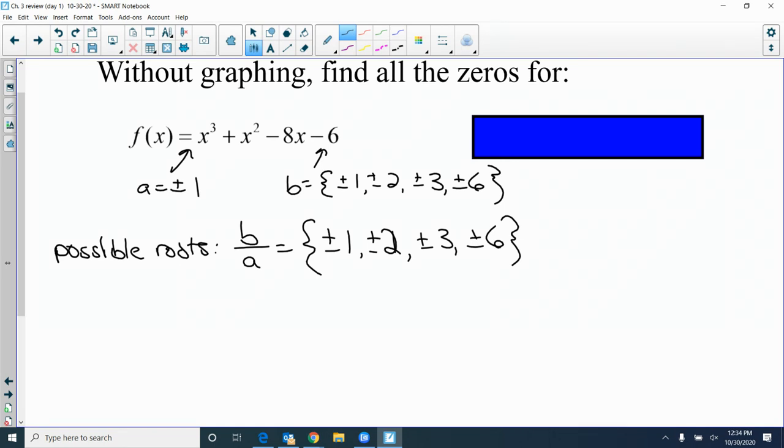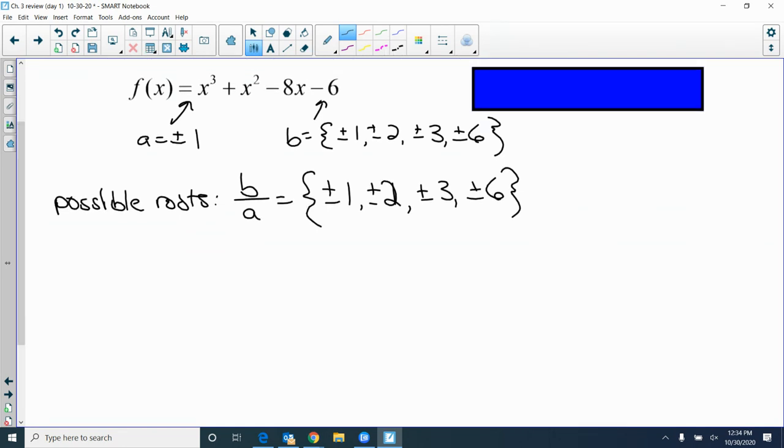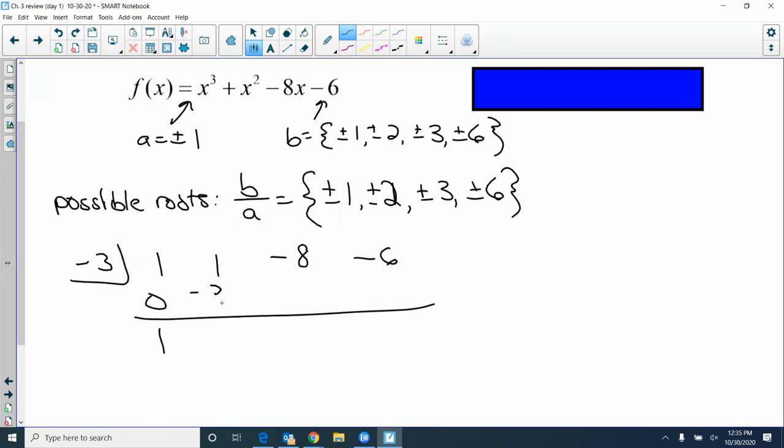So plug in negative 3. And 1, 1, negative 8, negative 6. That gives me 1 times negative 3 is negative 3. Negative 2 times negative 3 is 6. Negative 2 times negative 3 is 6, and then 0.